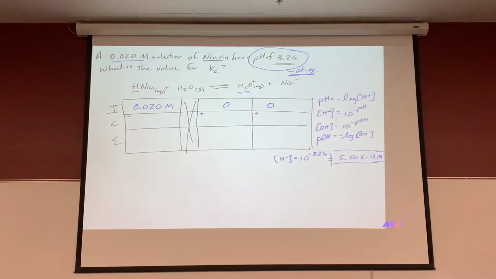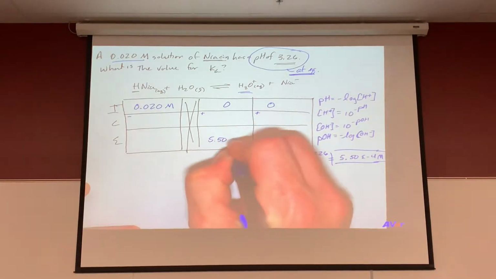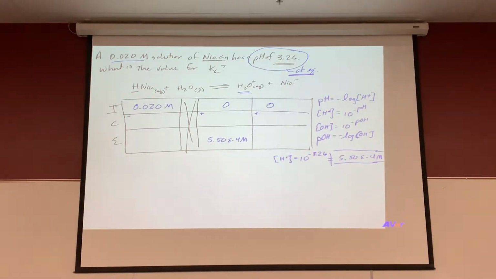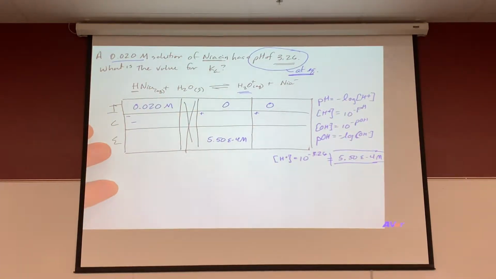Is that math okay? And where does that number go? That's the next one, bottom middle, bottom right here. Okay, so then what else can you fill in the chart? All of it. So what's the value for x?